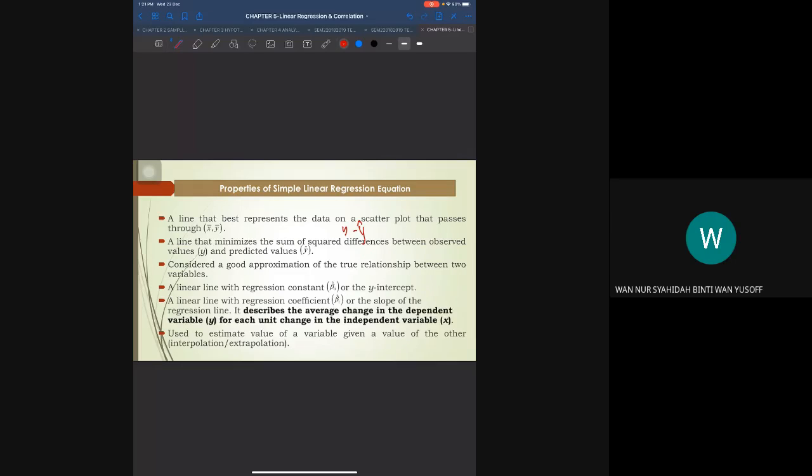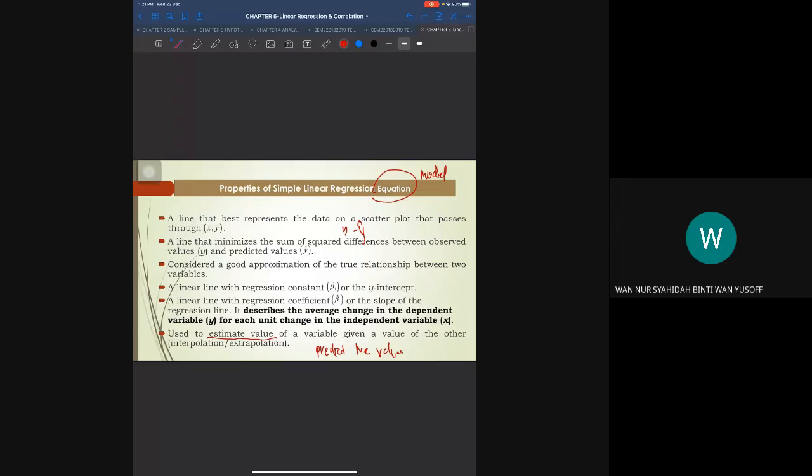A good approximation of the true relationship between two variables. So when we have the equation or the model here, then we can use it to estimate the value, the one that I mentioned just now, or to predict the value.